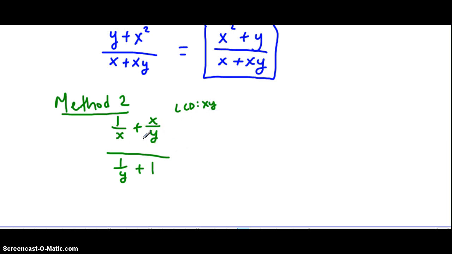So if that's our common denominator, then this fraction would need to be multiplied by y divided by y, because it has to be multiplied by 1. And this fraction would be multiplied by x over x. So that would result in y over xy plus x squared, because x times x is x squared, over xy.